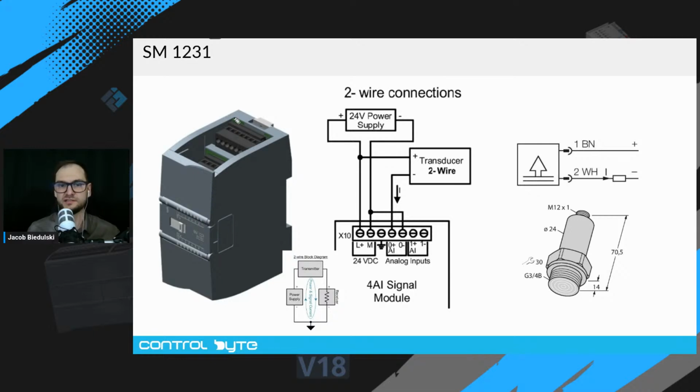So how can you know how to connect such a sensor? The best way is to draw how the current flows in this circuit. We start with L plus, okay? The current flows right here to the connection with the plus of the sensor.